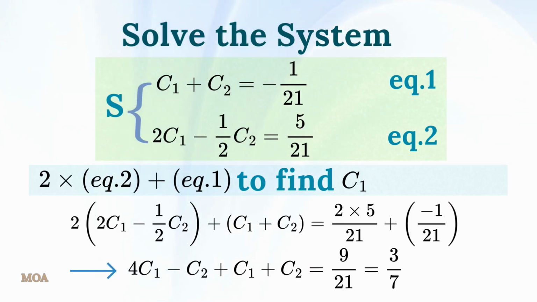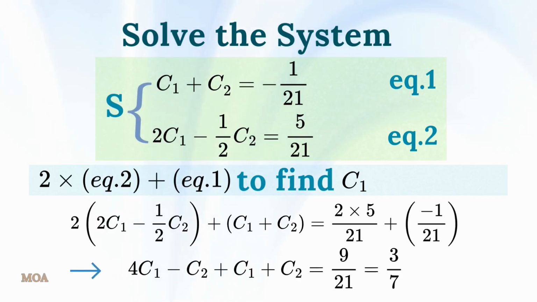This yields the following system of two equations, denoted S. Equation 1. C sub 1 plus C sub 2 equals negative 1 over 21. Equation 2. 2 times C sub 1 minus 1/2 times C sub 2 equals 5 over 21. To determine the constant C sub 1, we multiply equation 2 by 2 and add it to equation 1 to eliminate the constant C sub 2.